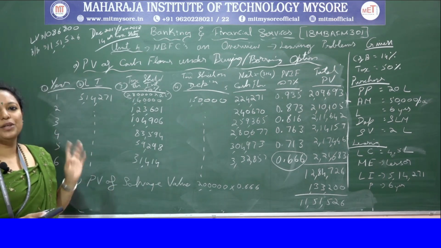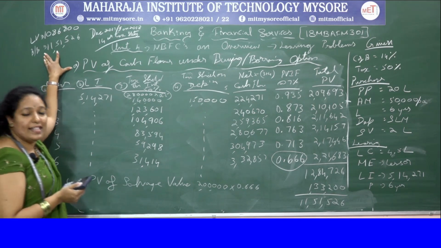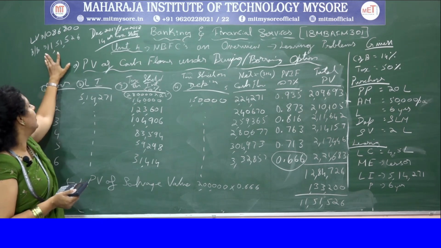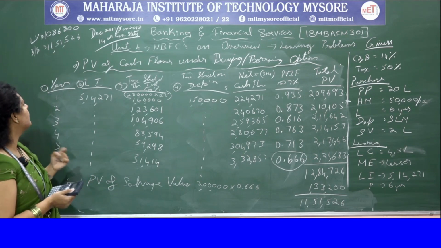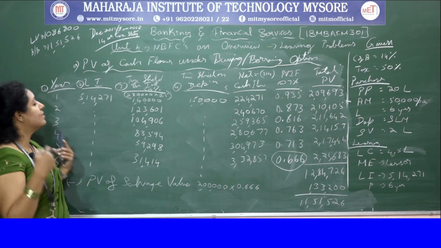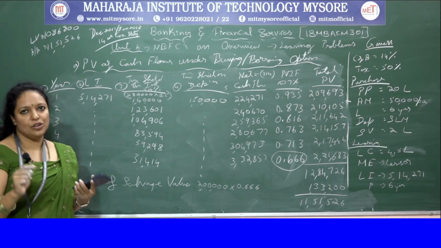These are the two values. Whichever has the lesser value, that we have to select. In this, the lesser value is in the leasing option, where the value is 10,86,800, whereas the borrowing option is 11,51,526, which is higher than the leasing option.